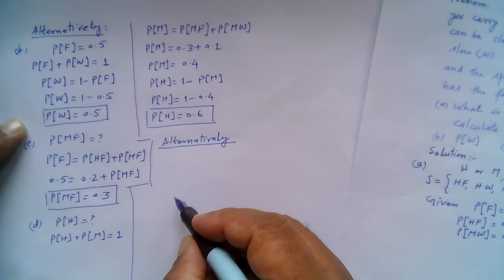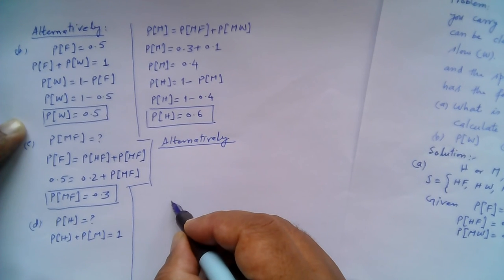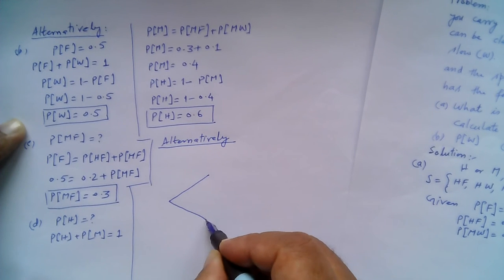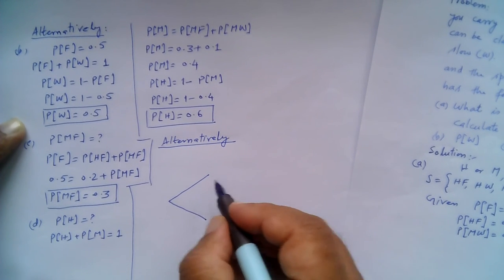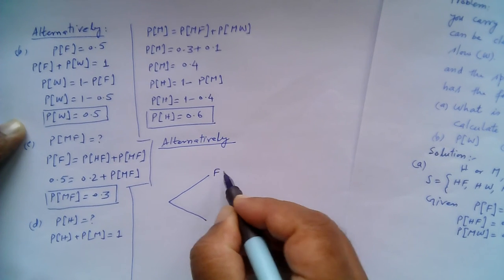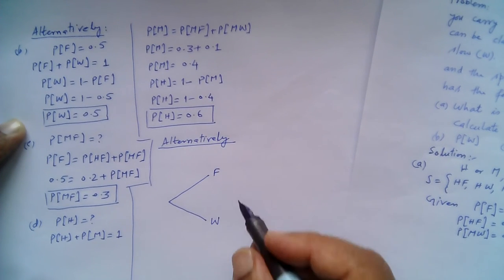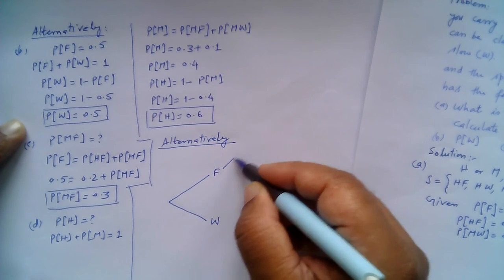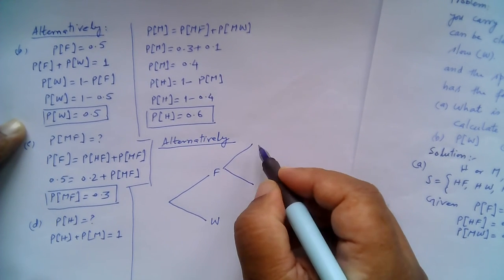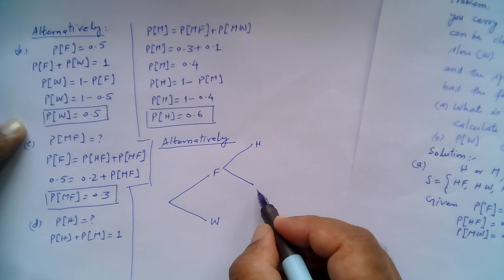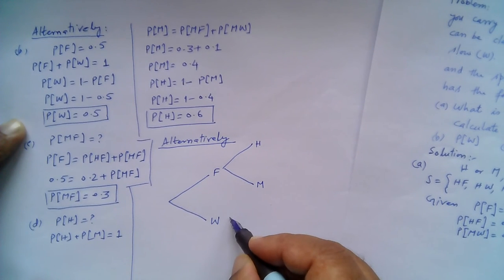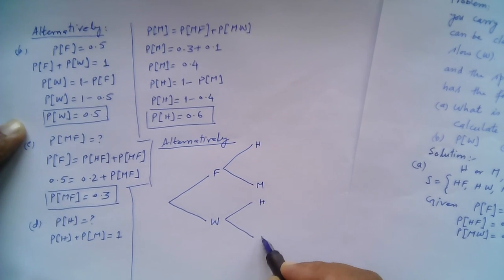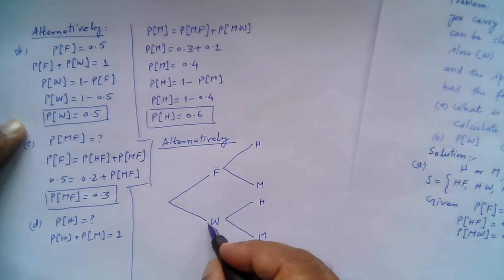So we can start with building the tree with these two branches, fast and slow, right? Fast and slow. Now the fast phone can be handheld or it can be mobile. Similarly, this slow phone can be handheld or it can be mobile, right?